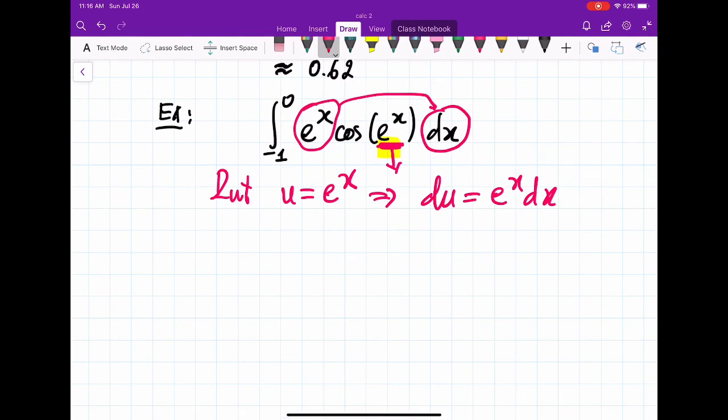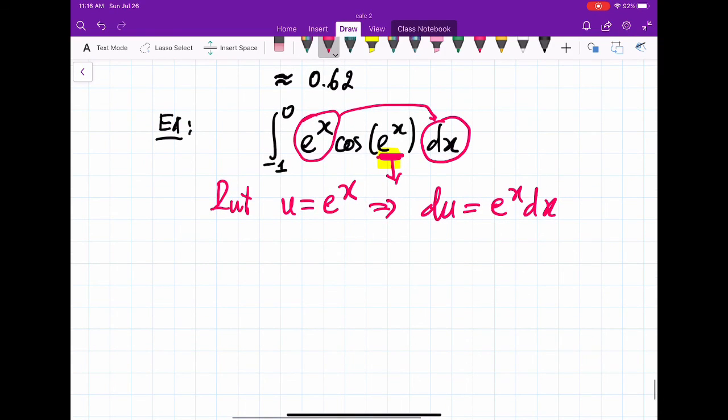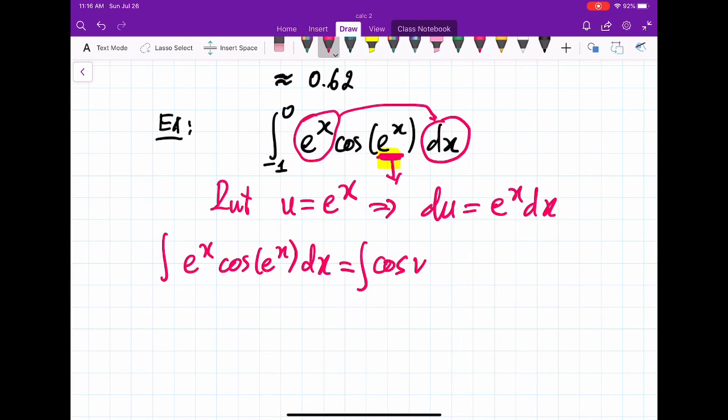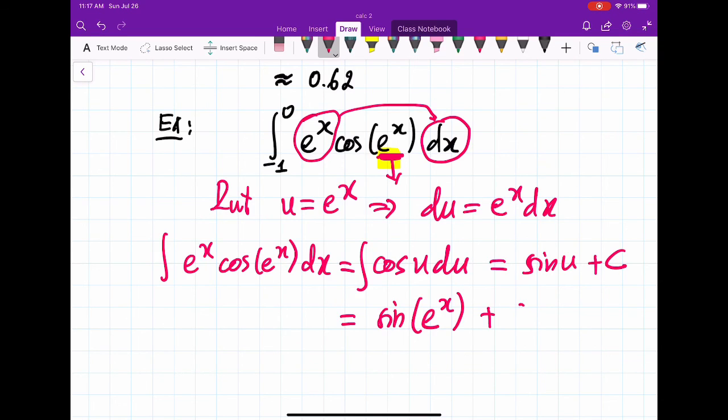And again, we need to find the antiderivative. So I write the integral of e^x cosine of e^x dx equal to the integral of cosine of u du, and that is sine of u plus c, and that is sine of e^x plus c.